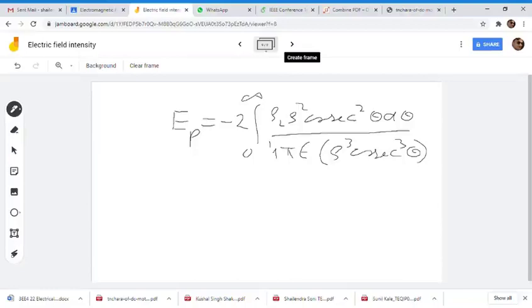And mind you, you also need to convert this angle as well.